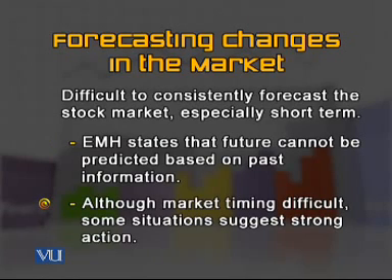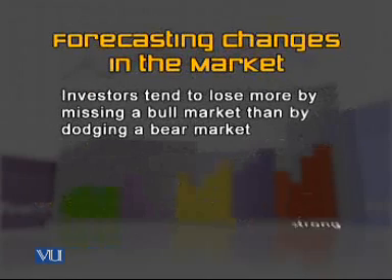Although market timing is difficult, some situations suggest strong action. So, investors tend to lose more by missing a bull market than by trying to avoid a bear market. We also talked that it's not a good idea to trade against the trend.